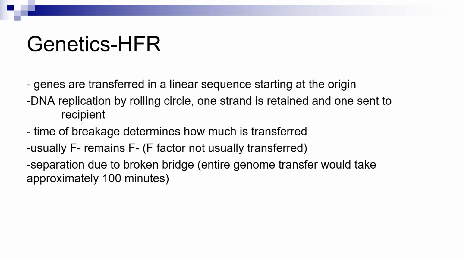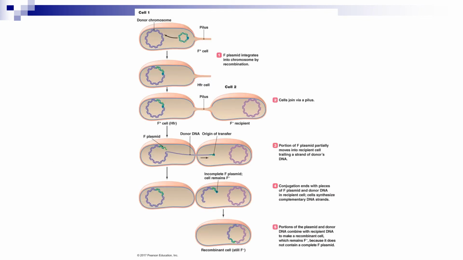That separation will occur because the bridge gets broken. It would take about 100 minutes for the entire genome to transfer, and frequently the bridge is broken long before that time. So let's look at how this works.